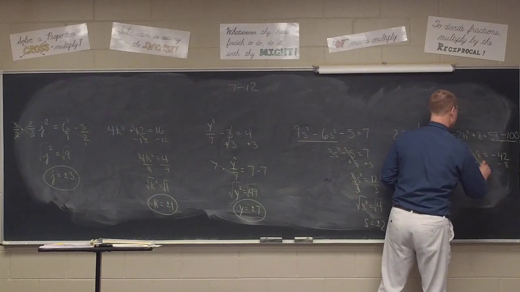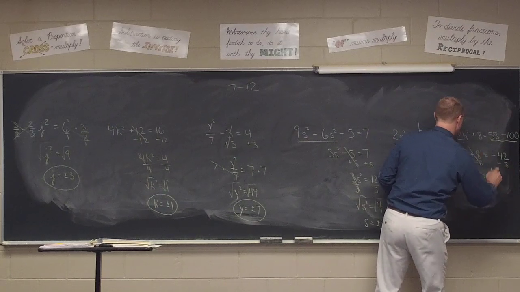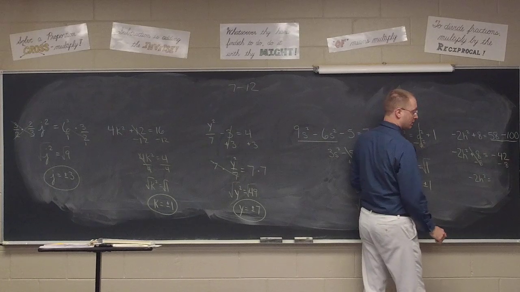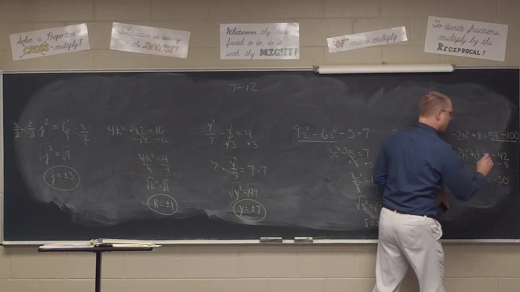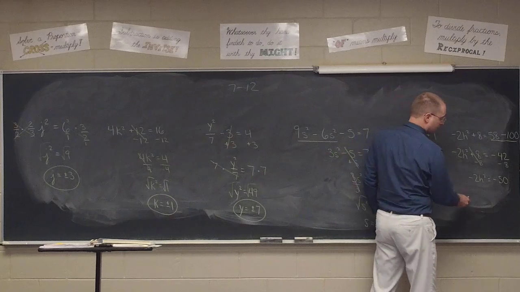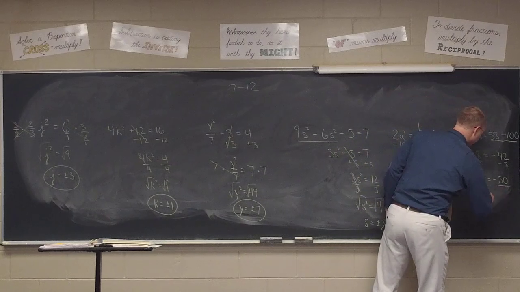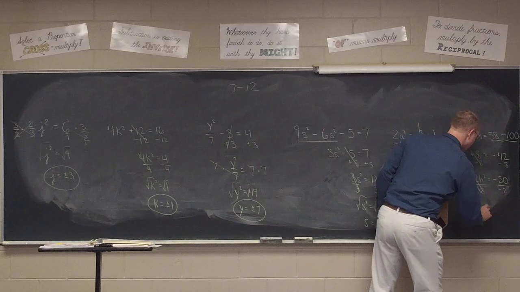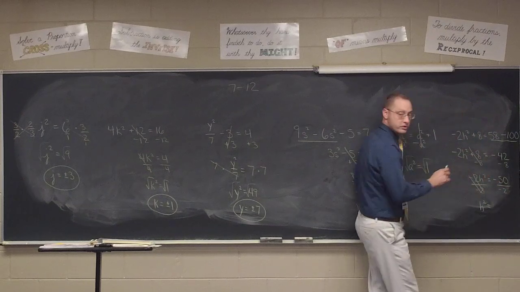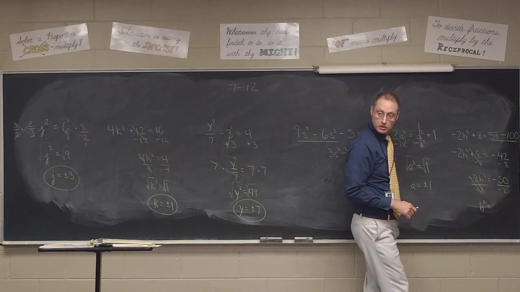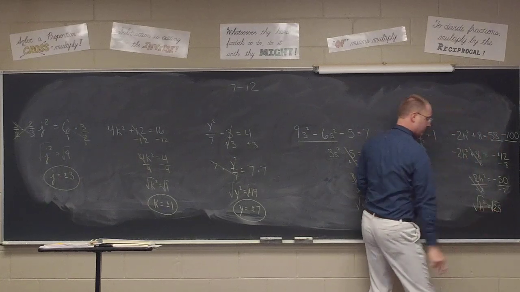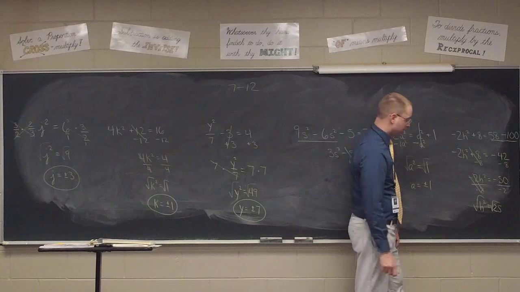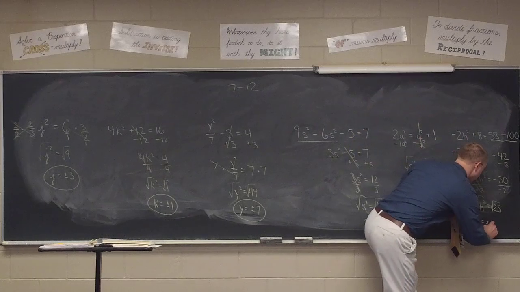Subtract the 8 away from both sides to get negative 2h squared equals negative 50. Then divide by negative 2. Divide away a negative 2. Get h squared equals positive 25. And there we go. We're set. Take the square roots and we get h equals positive negative 5.